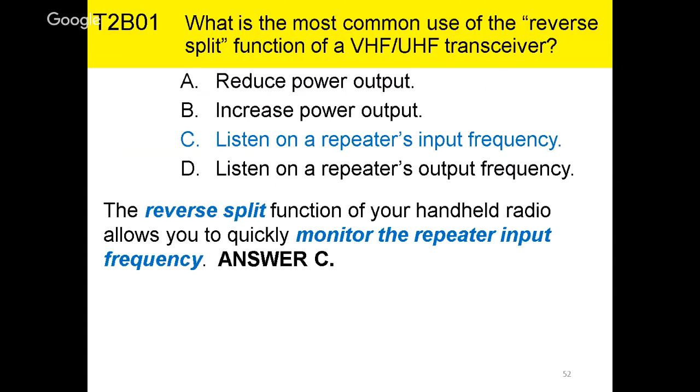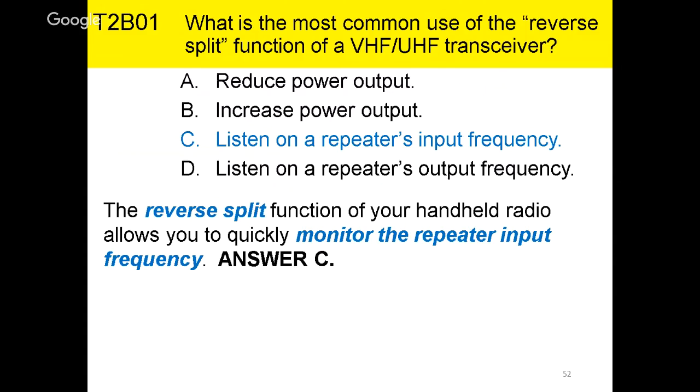So I'll push the button, and while everybody else is hearing noise or sporadic communications on the repeater's output frequency, I'm hearing what the repeater should be hearing, on the frequency that the person is transmitting on. That's a reverse split. So you monitor the repeater input frequency.